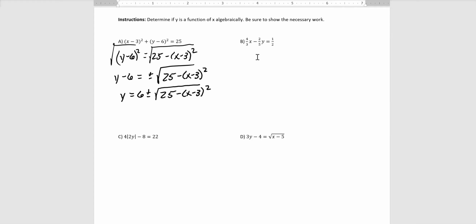Here's a pretty big giveaway. If we have this plus or minus, that tells us for one value of x, I'm going to get multiple values for y. So for one input, I get multiple outputs, which means that y is not a function of x.